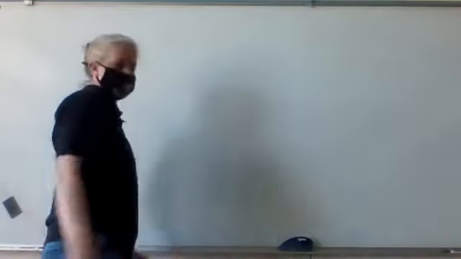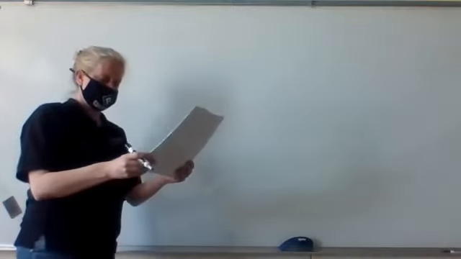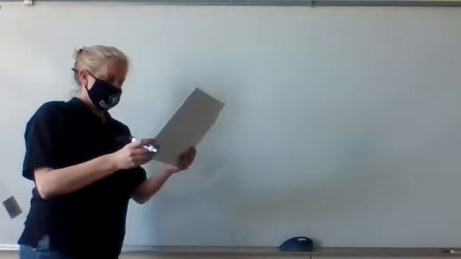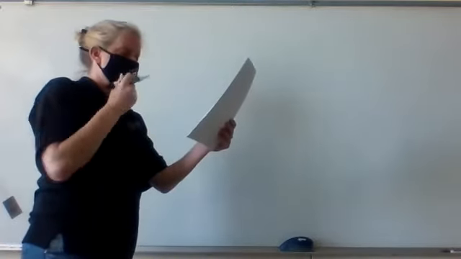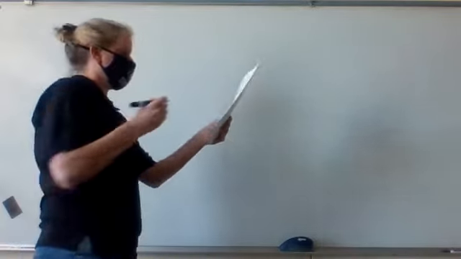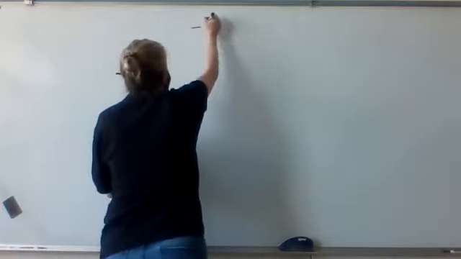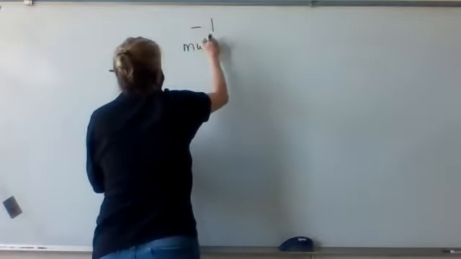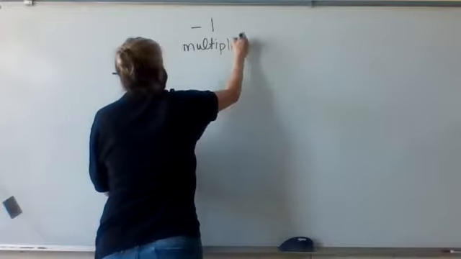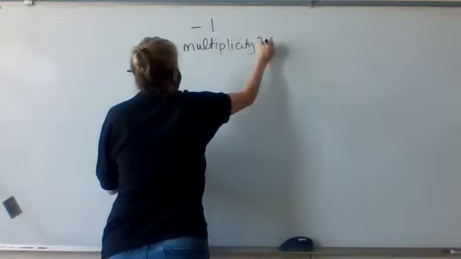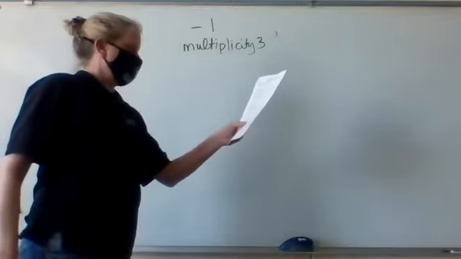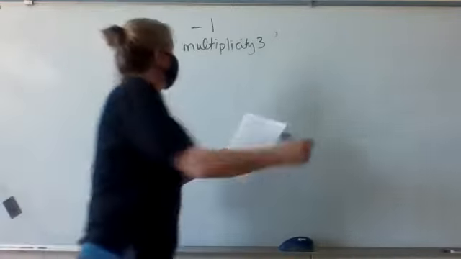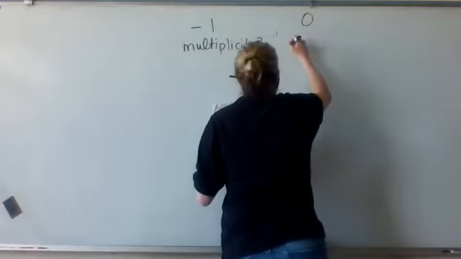So let's see what that looks like. All right, degree 7 with -1 as a 0 of multiplicity 3. So there's 1 0. 0 as a 0 of multiplicity 3.